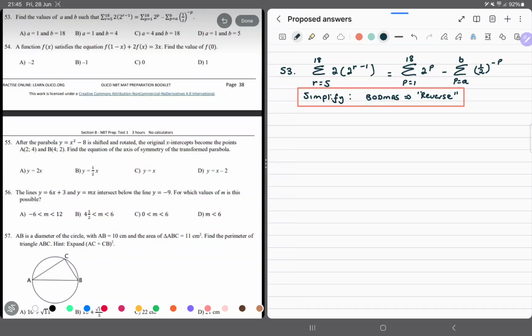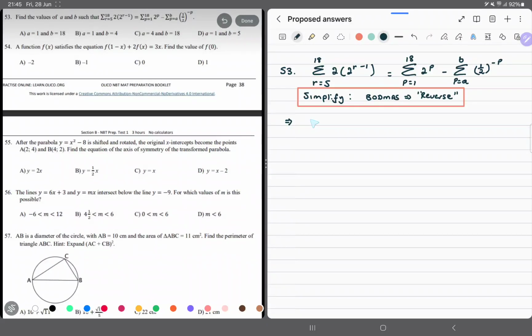Ordinals, this is some number raised to a particular exponent, and that means we can take the root depending on the order in which that power is. And then division and multiplication. If we have division, we multiply. If we've got multiplication, we divide. Addition and subtraction. If we're given addition, we do subtraction. If we're given subtraction, we do addition. So this is simply what happens here.